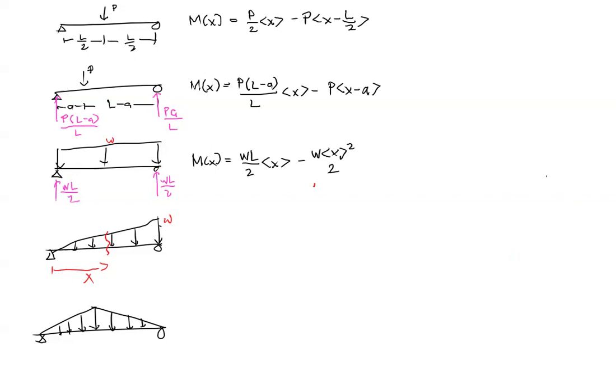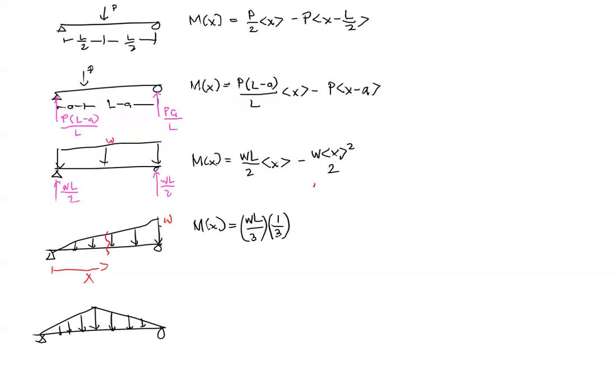And meron kang M sub x, again, lalagay lang natin ito. So, yung support reaction nito at the left-hand side will be equal to, sulat ko lang, ito yung magnitude niya, WL over 2. Then, yung magiging multiplier niya ay 1/3.